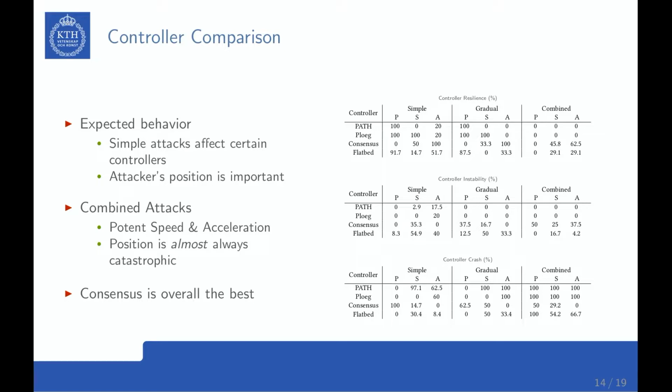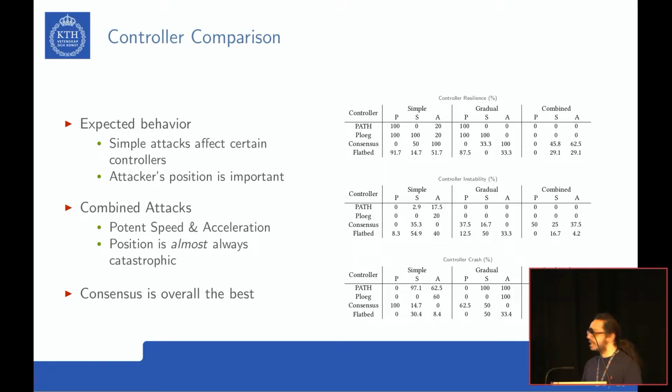Now, moving on to the controller comparison, in order to see which attacks work the best and what the weak links are for each controller, we find some expected behavior. For example, for the PLOEG controller in the first table, you will notice that the position and the speed attacks, for both simple and gradual, are 100% resilient because, of course, PLOEG doesn't use position and speed in its control algorithm.